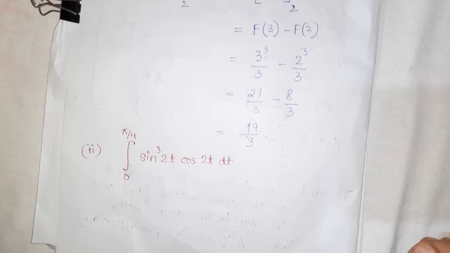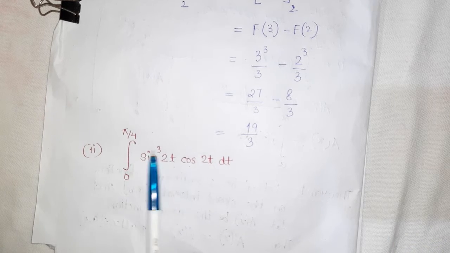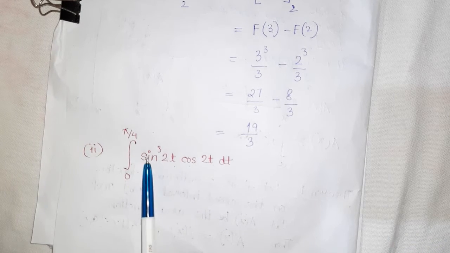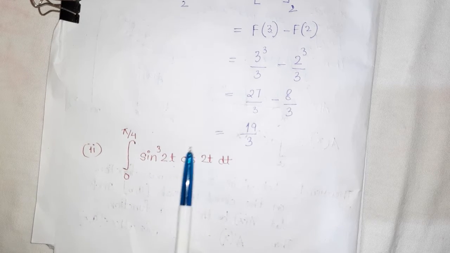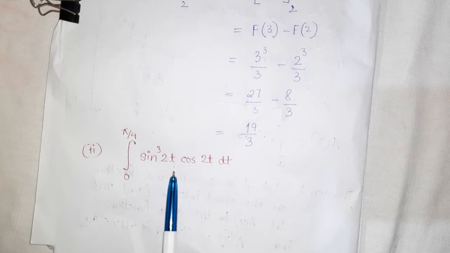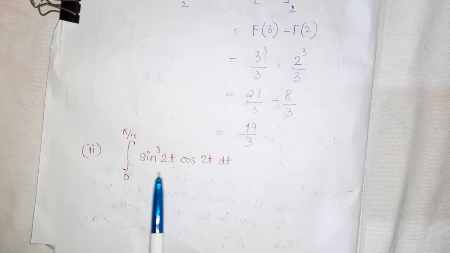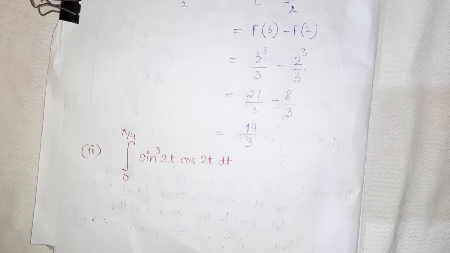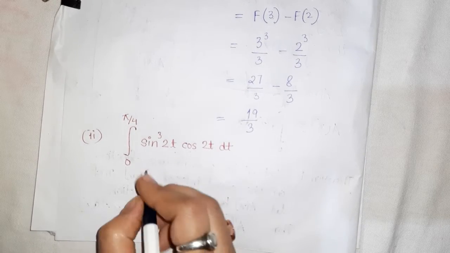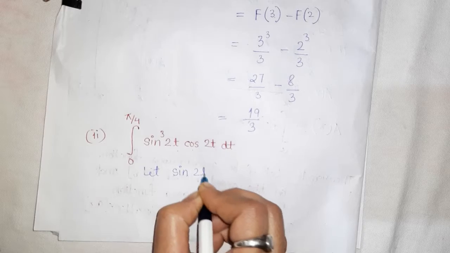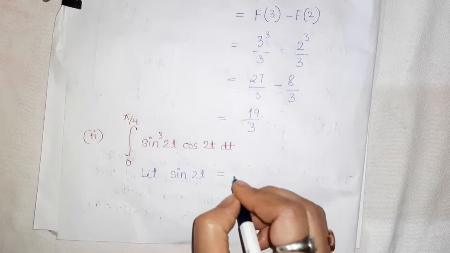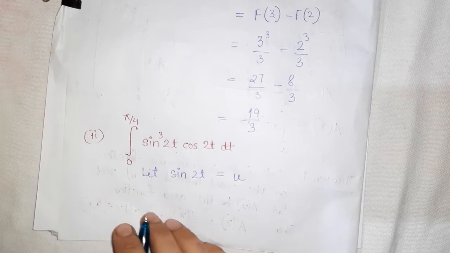If I use the substitution method, okay, look here, if I differentiate sine, what will it be? The derivative of sine is cos, so cos 2t is there. So it is easy if I put sin 2t equal to some other variable. So let sin 2t equal to u.